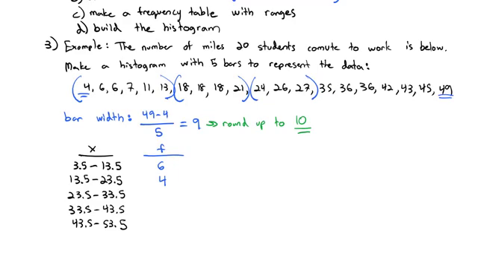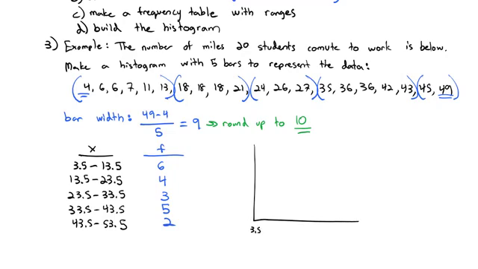There's 3 numbers. 33.5 to 43.5. There's 5 numbers. And 43.5 to 53.5, we see 2 numbers. Now that we have that frequency table, we're ready to build our histogram.